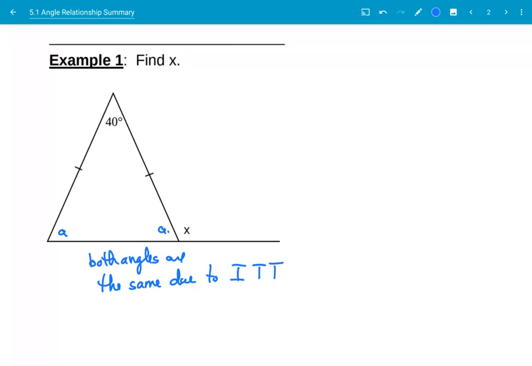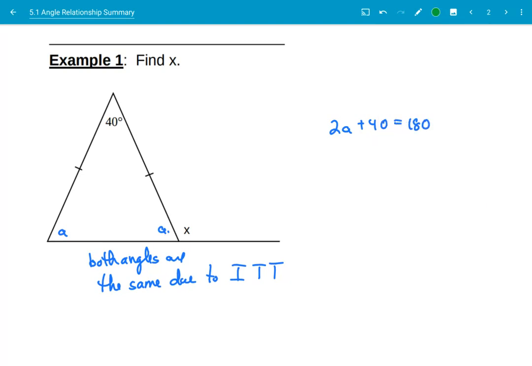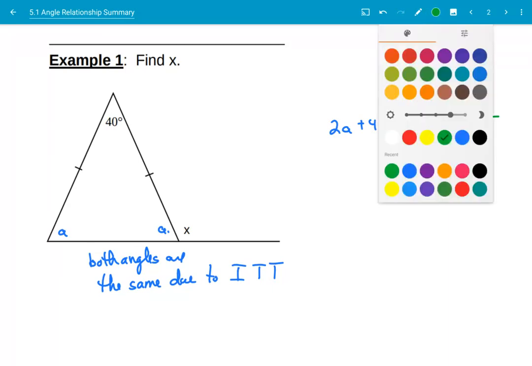You can use words or the shortcut. Okay. Then you can say 2a's plus 40 have to add up to 180. And the authority for this is that angles in a triangle add up to 180. I can say that, or I can say the sum of the angle of the triangle theorem. And now I need to solve for a.